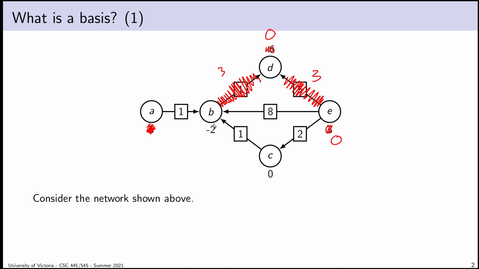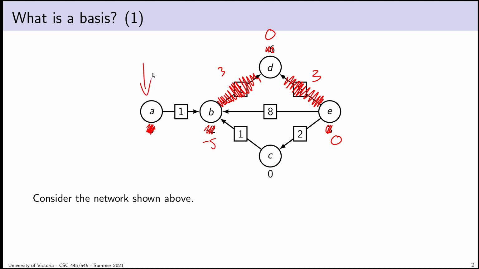On the other hand, B already had a deficit, and now it has an even worse deficit because I'm sending out units of flow from a vertex that had a shortage. So B now has a deficit of 5. Somebody has to send vertex B 5 units of flow. I can't have it be vertex C, because vertex C is already in equilibrium, and there's nowhere to get any more flow from to make up for that if I take flow away from vertex C. And so I think to myself, oh, wait a minute.